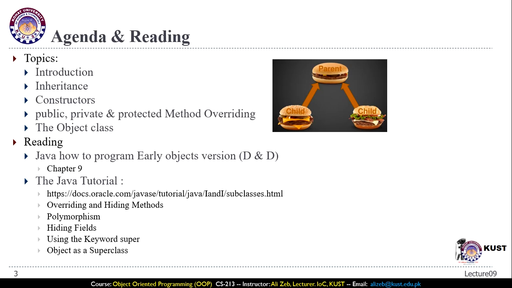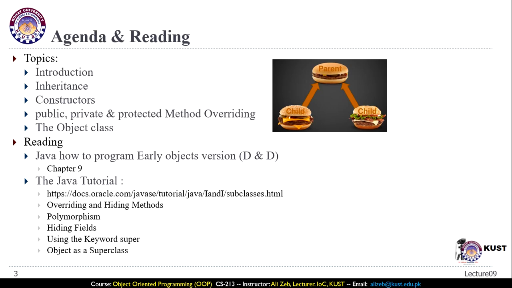For example, we will revisit our understanding of constructors, and try to understand how the behavior of constructors changes when we use inheritance. We will also revisit the access modifiers that we have discussed earlier: private, public, and protected.